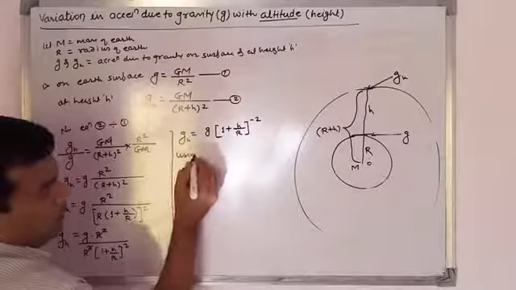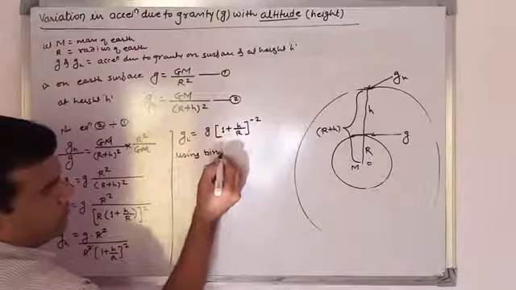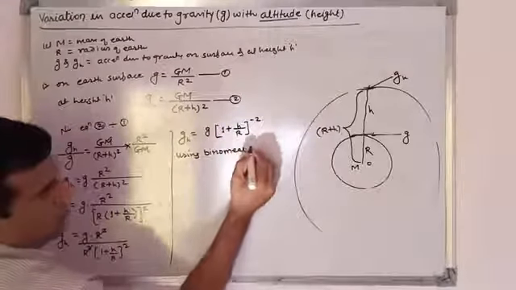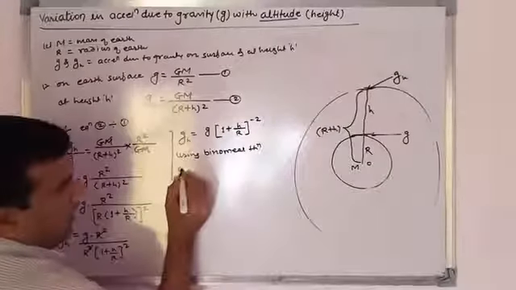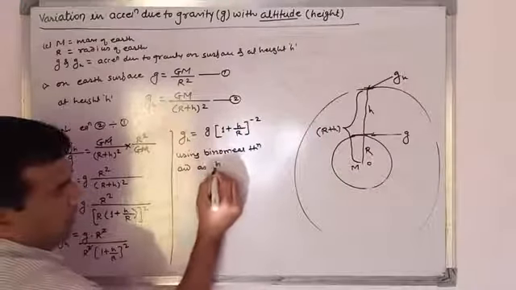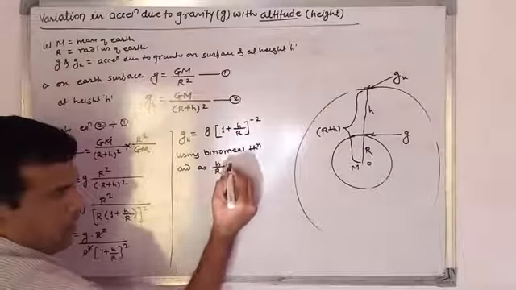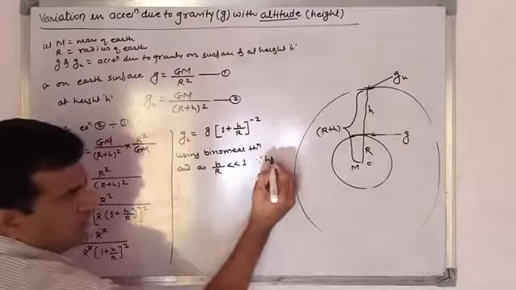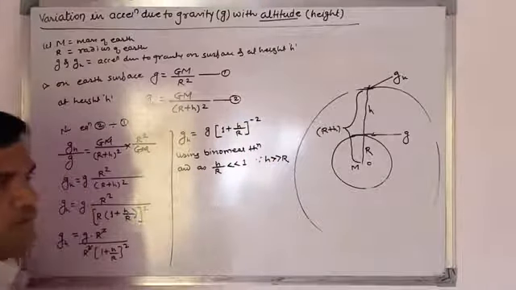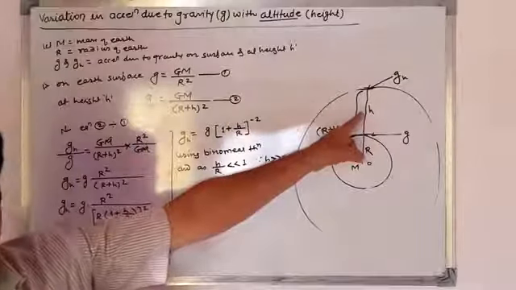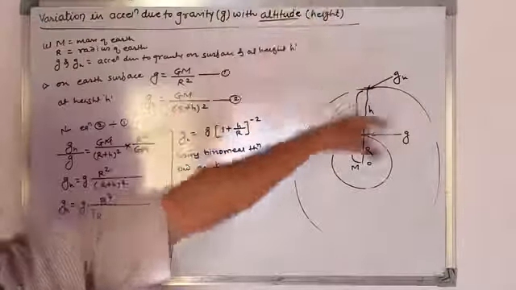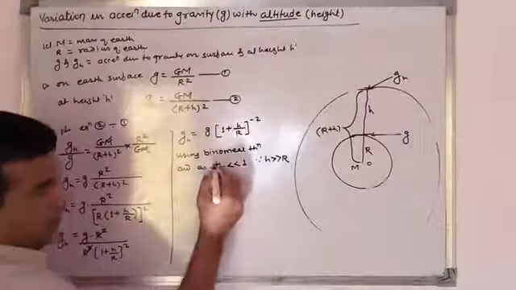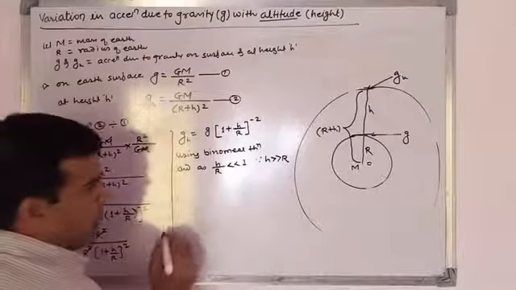Now using the binomial theorem, and as h upon R is very much less than 1, since altitude h is very small as compared to the radius of earth, therefore h by R is much less than 1.